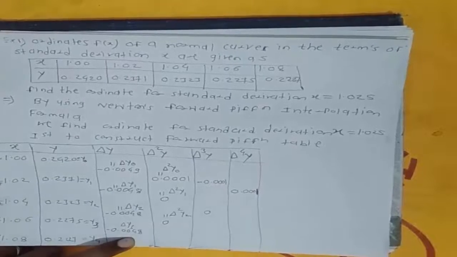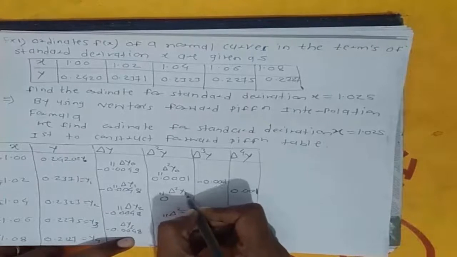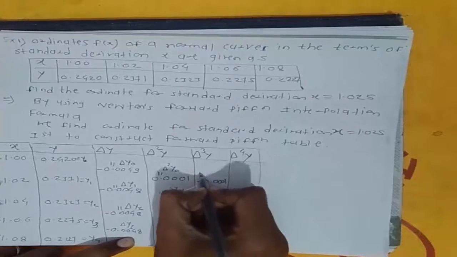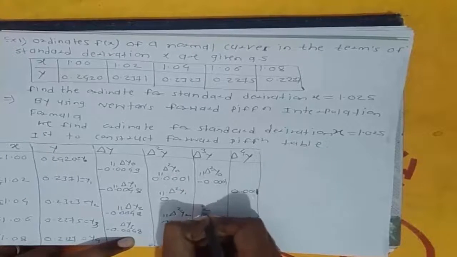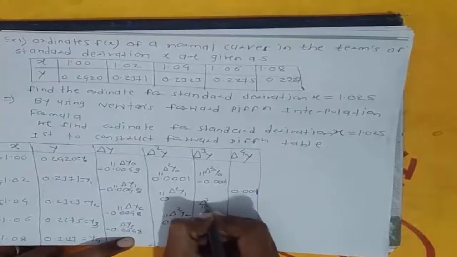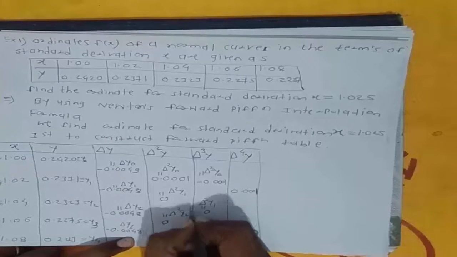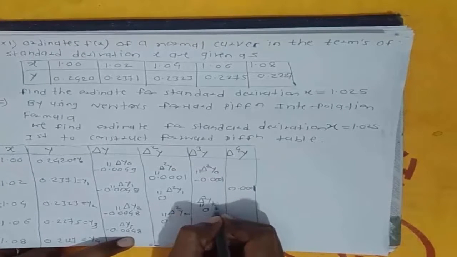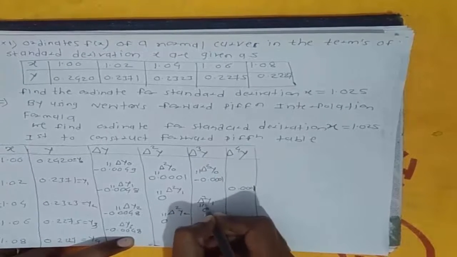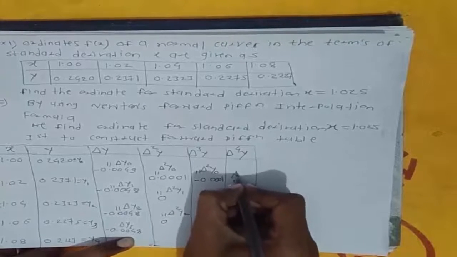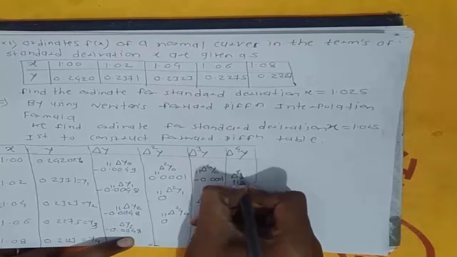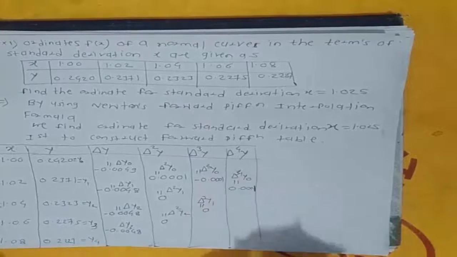Delta square y1 minus delta square y0 will be delta cube y0, and this will be delta cube y1. And delta cube y1 minus delta cube y0 will be delta raised to 4 y0.